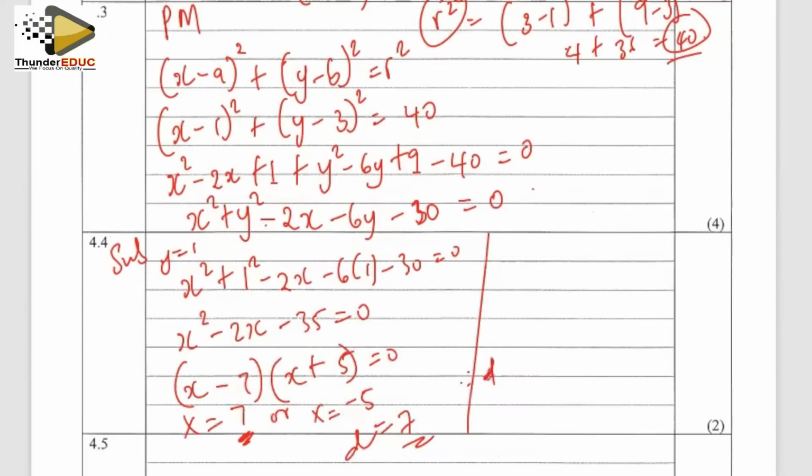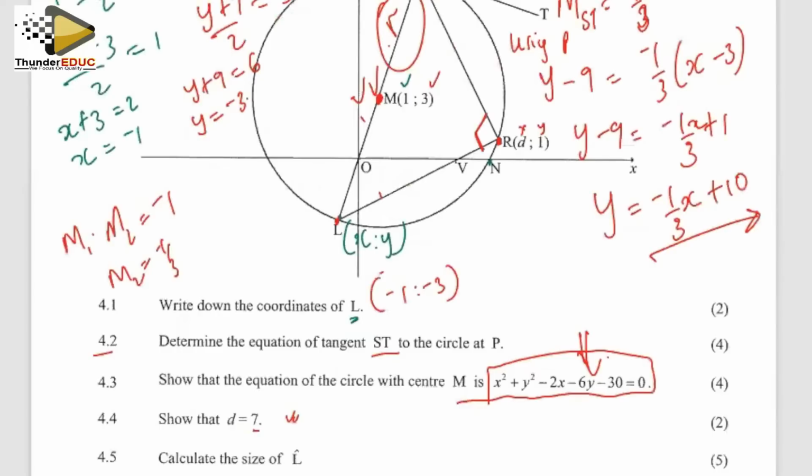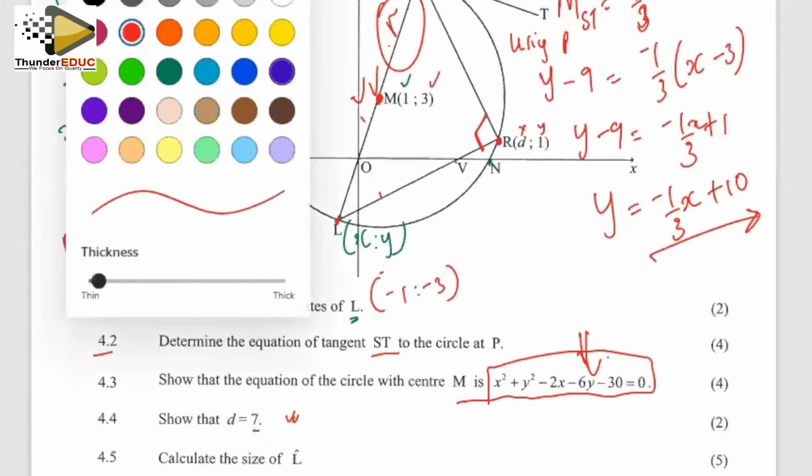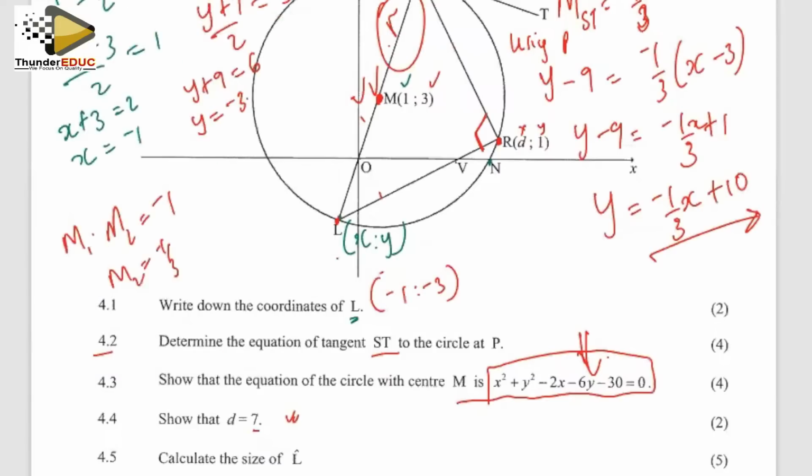For people that were using the gradient, how are we going to go about that? Let's use something else here. So we're saying 1 minus minus 3 over D minus minus 1 multiplied by 9 minus 1 over 3 minus D should give us -1.